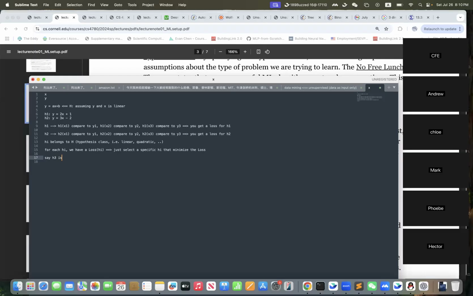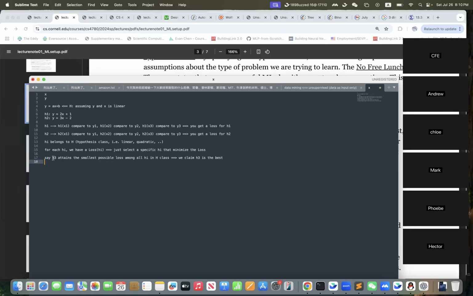So say h3 attains the smallest possible loss among all hi in the H class. Then what do we claim? We claim h3 is the best, right? The best.